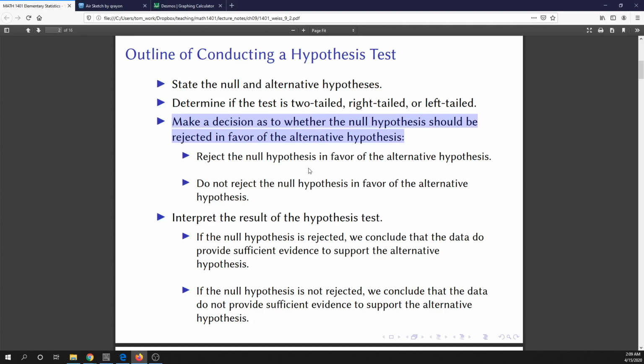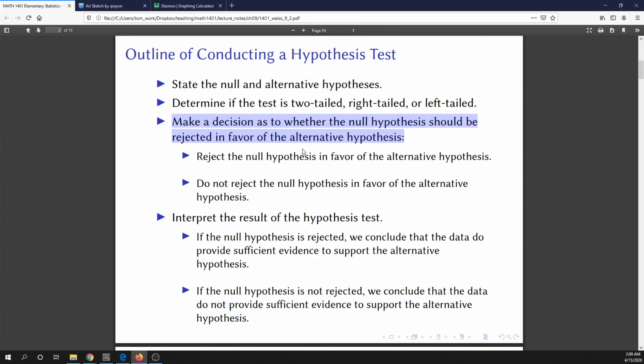You're either going to reject the null hypothesis in favor of the alternative hypothesis, or you will not reject the null hypothesis in favor of the alternative hypothesis. So that is what we are going to talk about in this section 9.3. How do you make this decision? That's what this section is all about. So we won't talk a huge amount about the first part. We already did that. We're going to talk about how you make this decision.